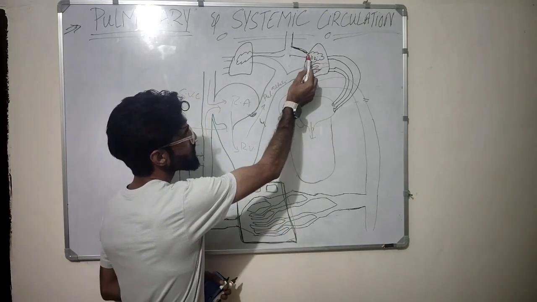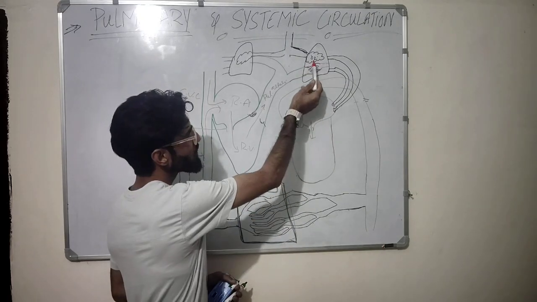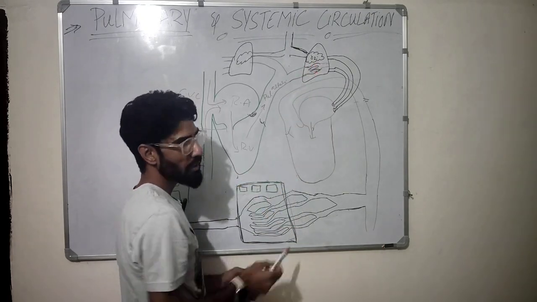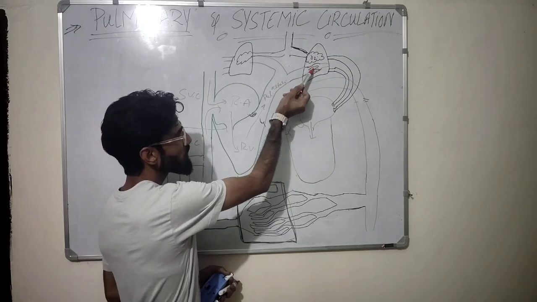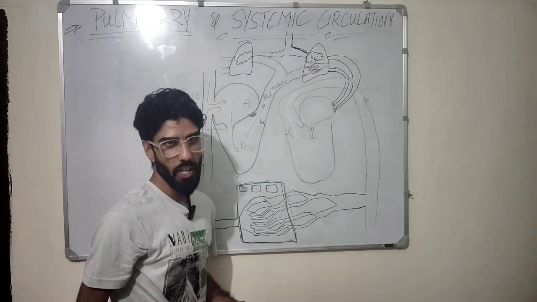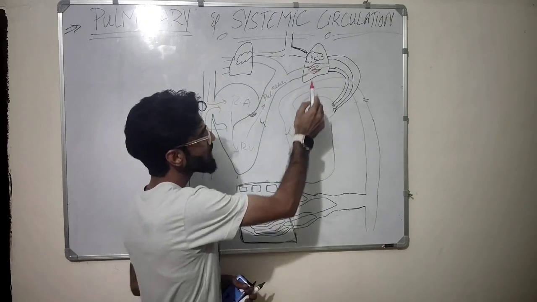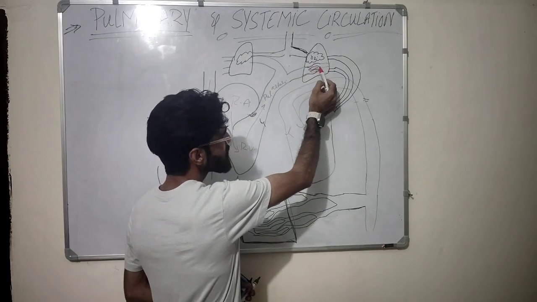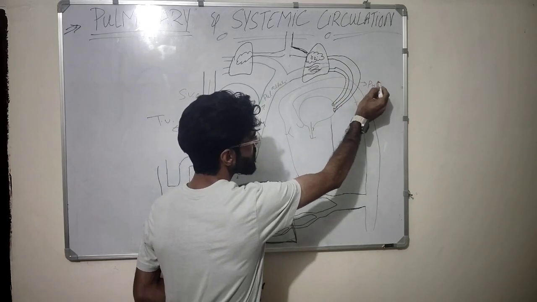Suppose this is your air pocket. From here the oxygen will shift from the air pockets into the capillaries and the carbon dioxide will shift from the capillaries into the air pockets. Okay, then the oxygen-rich blood will pass from the capillaries into the pulmonary veins.